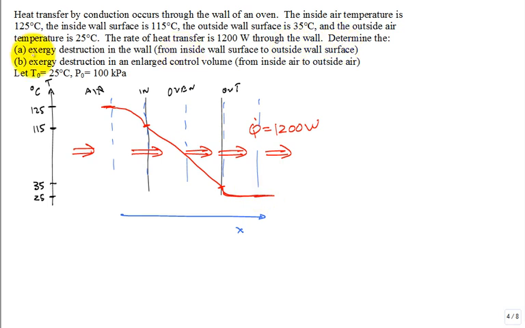Determine the exergy destruction inside the wall from the inside wall surface to the outside wall surface. So we introduce a control volume, which is right here. The left side is the wall surface on the inside. The right side is the wall surface on the outside.